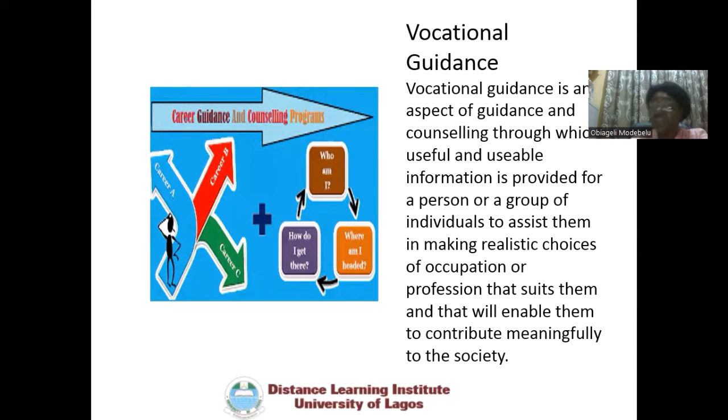Vocational guidance. Vocational guidance is an aspect of guidance and counseling through which useful and usable information is provided for a person or a group of individuals to assist them in making realistic choices of occupation and profession that suit them and that will enable them to contribute meaningfully to the society where they belong.